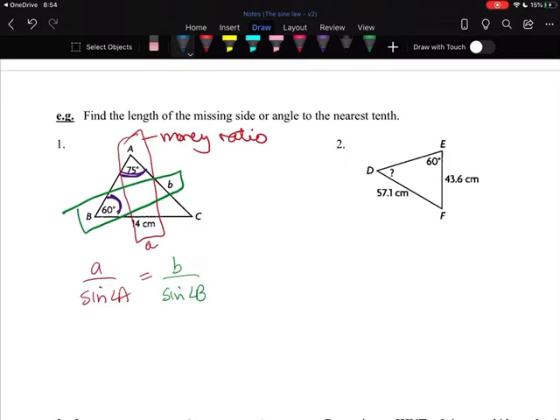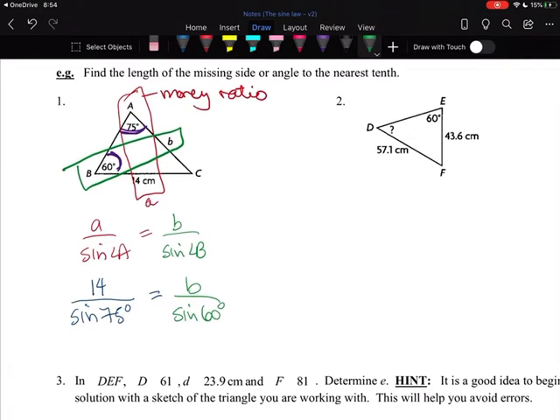So I'm going to take 14 as my side length for A, and the sine of 75 degrees, and it should equal side length B over the sine of 60 degrees. When you go to calculate this, you cross multiply and divide.